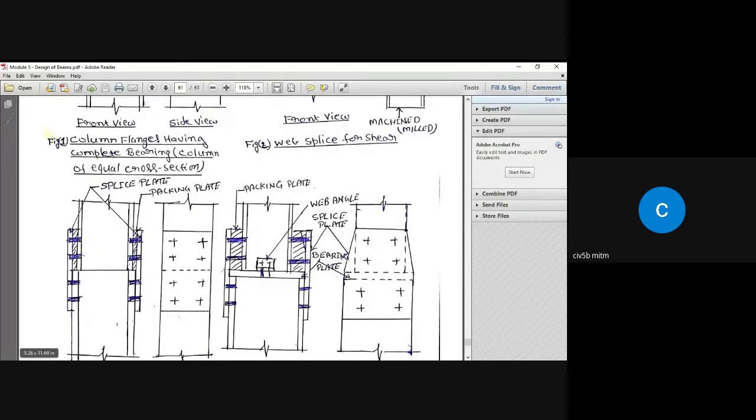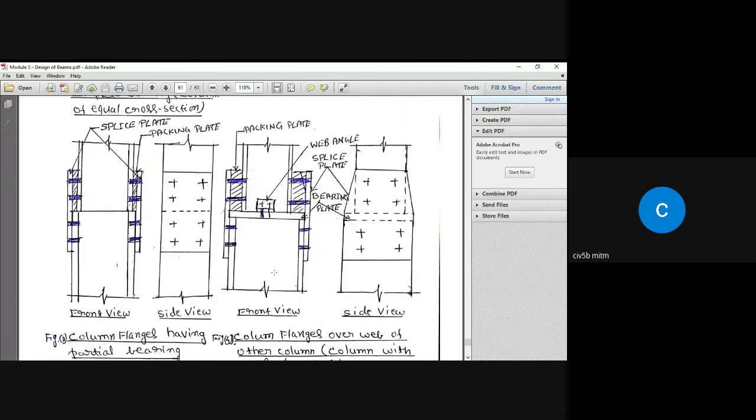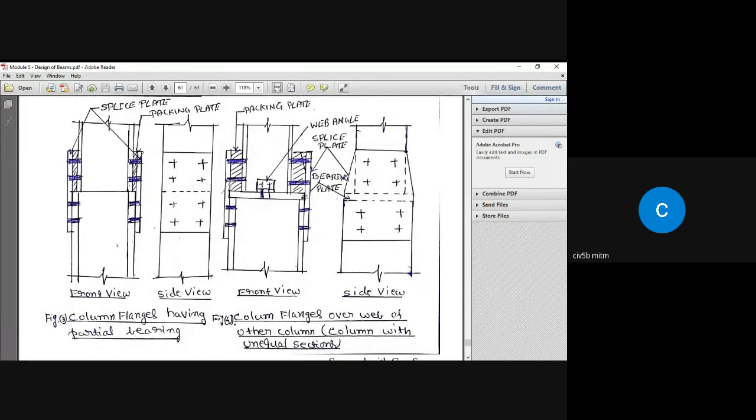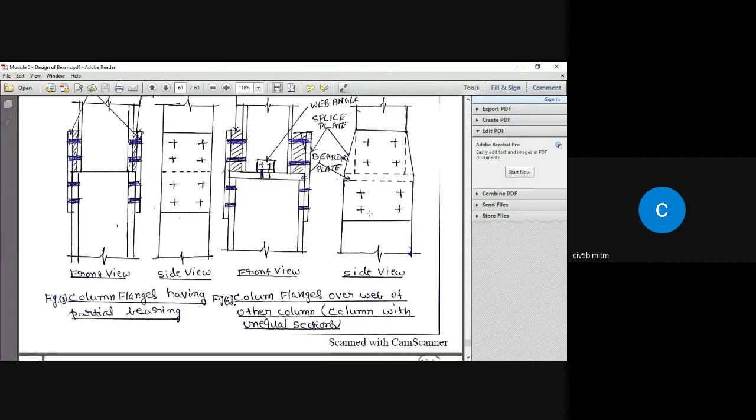So the only thing we do is provide the splice plates on the flange, and fill up that gap using packing plates. Okay, so this is the other one I explained just now on the board. So this is the way column splicing, or column to column connection, is done.